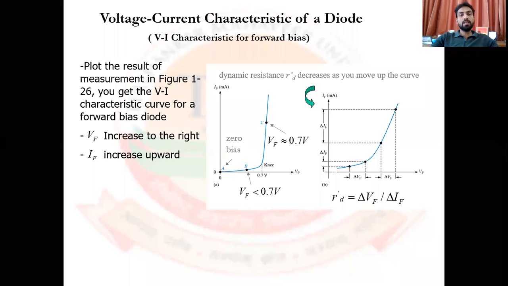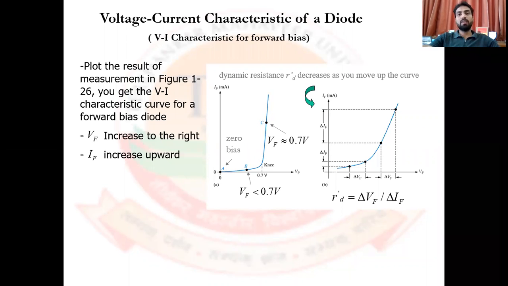This biasing is very important when we utilize a semiconductor device. Not only a diode, but every device made of semiconductor material depends on what kind of circuit arrangement you are using. That's why it's important to understand this.